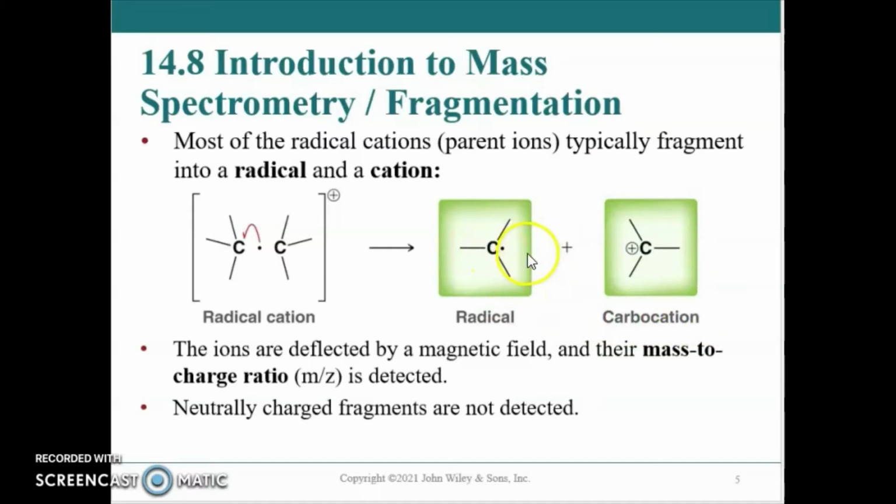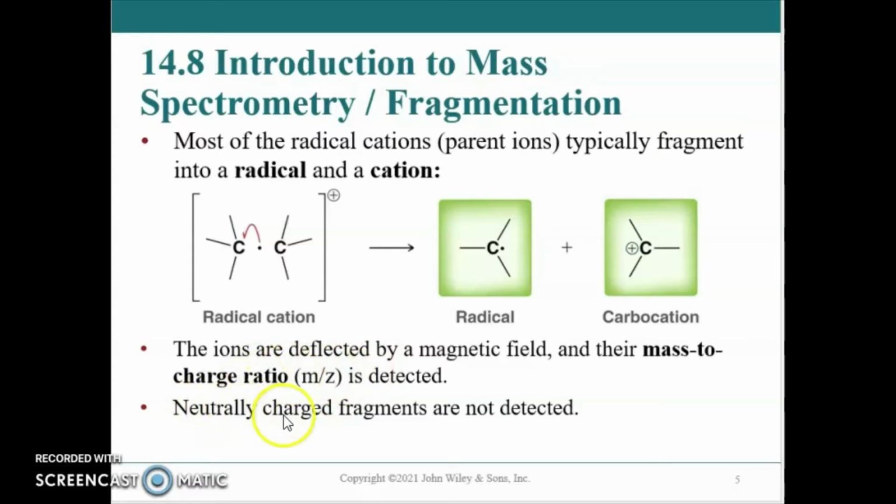Because they carry a charge, they can be deflected by a magnetic field. When a charge is moving, it can be deflected by a magnetic field, and their mass to charge ratios can be separated, and the ions can be directed to a detector sequentially by scanning the field strength and recording them.